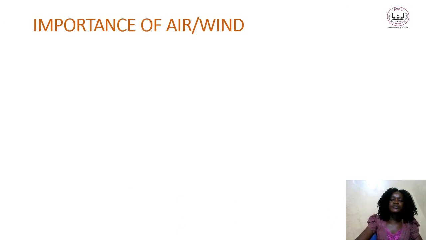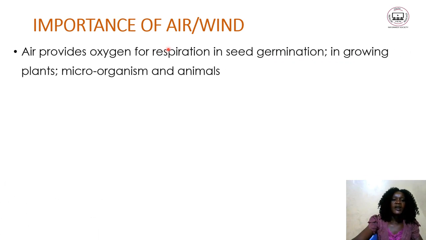Another natural resource which we have mentioned, which is of very great importance in crop production, is air or wind. Air is important just because it provides oxygen for respiration in seed germination.